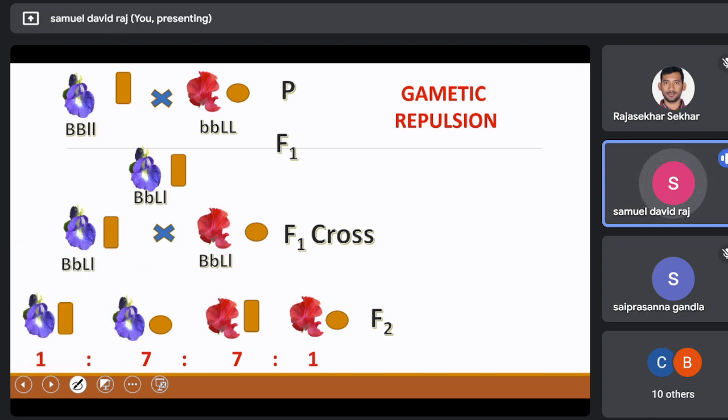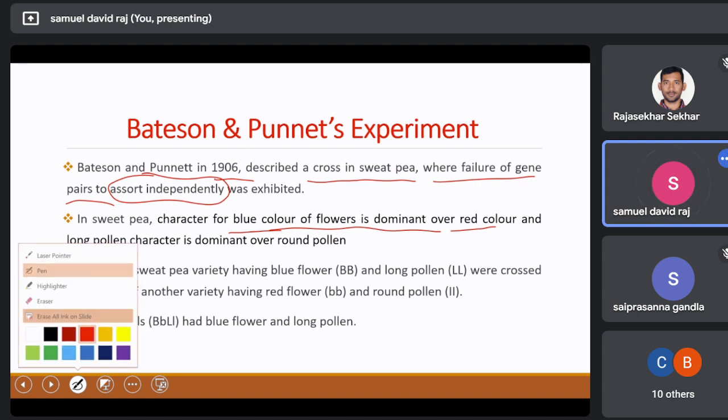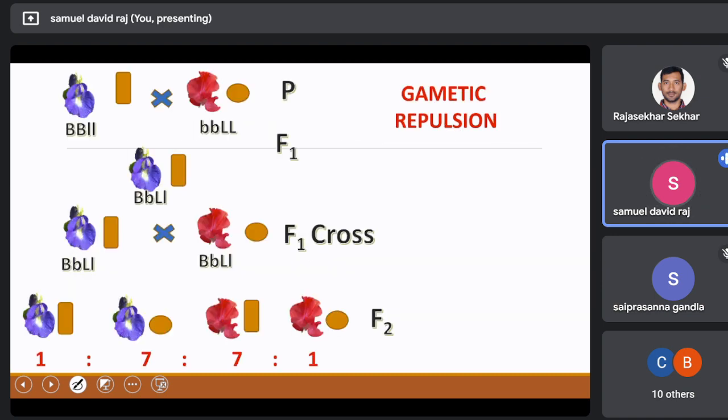So here, Bateson and Punnett in 1906 described a cross in sweet pea where failure of genes to exhibit independent assortment takes place. The characters under study are flower color and shape of the pollen. The flower color is either purple or blue, which is dominant over red, and the shape of the pollen is either long, which is dominant, or round, which is recessive. Okay. Now he has crossed.